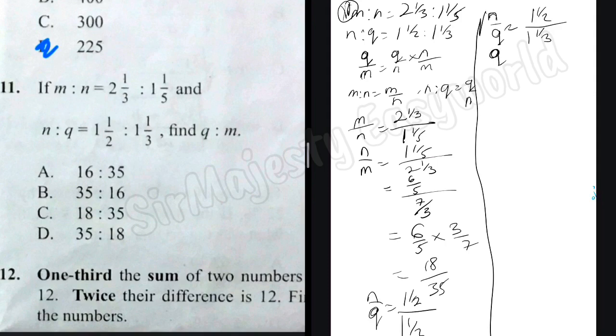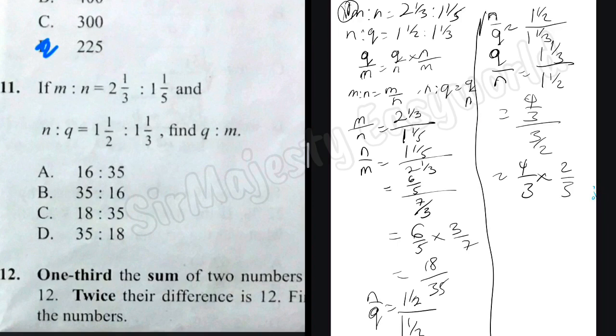So I need to flip it. That's q over n is equal to 1 1 over 3 divided by 1 1 over 2. But I'm going to change this to fraction form. This will be 3 times 1, 3 plus 1, 4 over 3 divided by 2 times 1, 2 plus 1, 3 over 2. So this will be multiplying this thing. Finding the inverse of 3 over 2 is 2 over 3. So this will be 8 over 9.